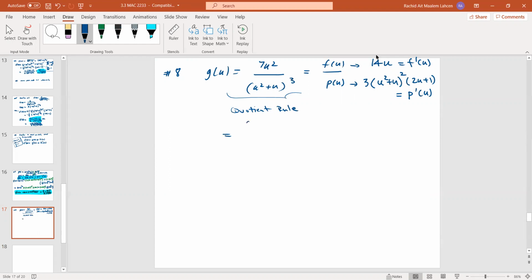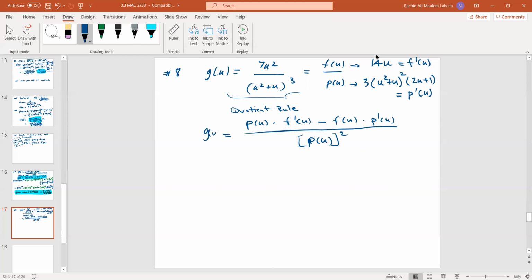Which would state that you need p of u times f prime of u, minus f of u times p prime of u, and the bottom is always that function, the denominator squared, which is let's just keep it as p of u, squared.